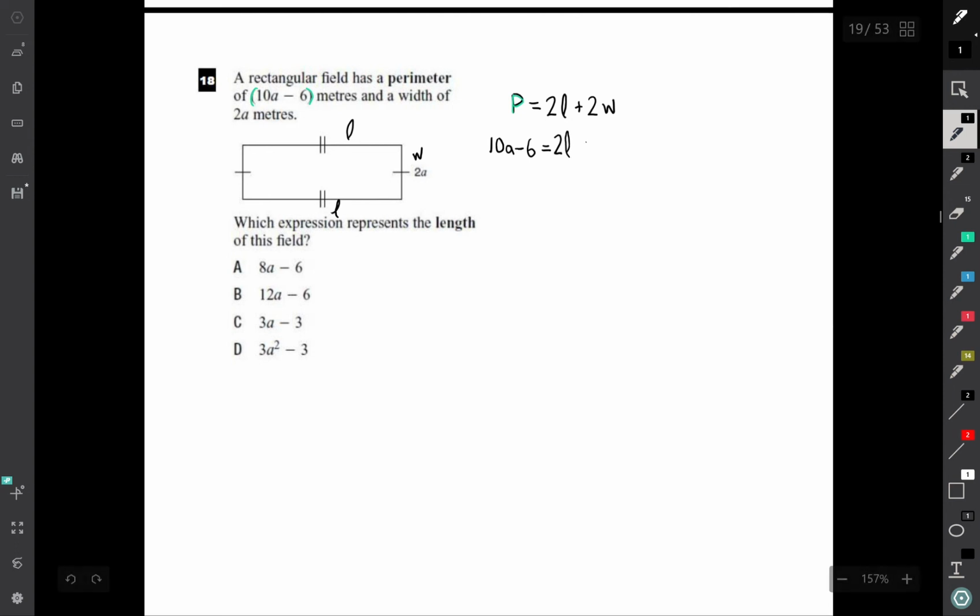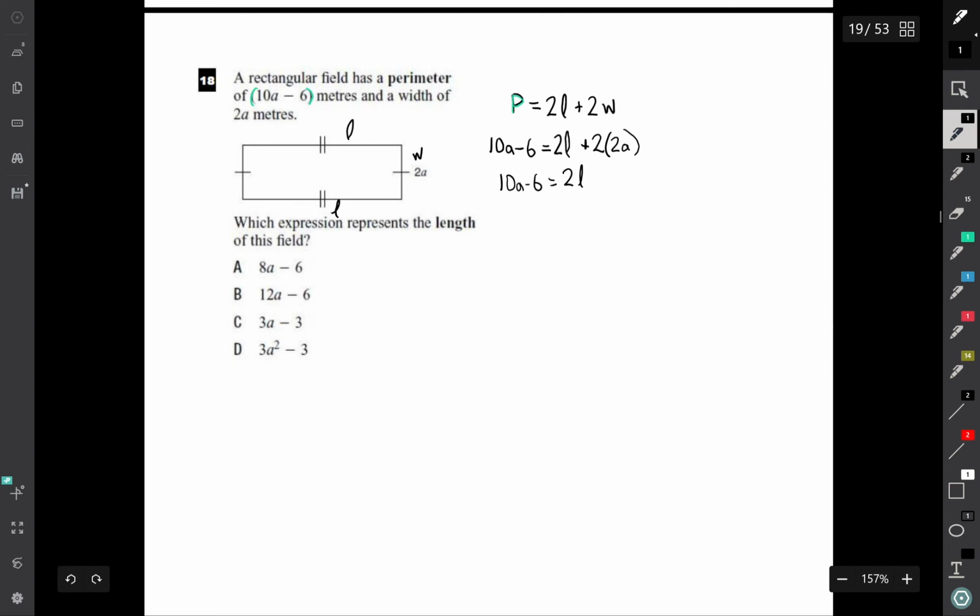But we do know the width, so instead of writing W, I'm going to write the width, which is 2a. Now I'm going to start simplifying. I'm going to leave 10a minus 6 alone, since I can't combine those terms.